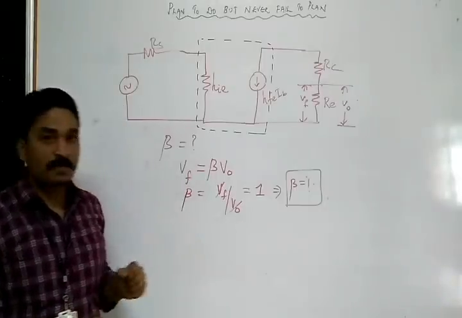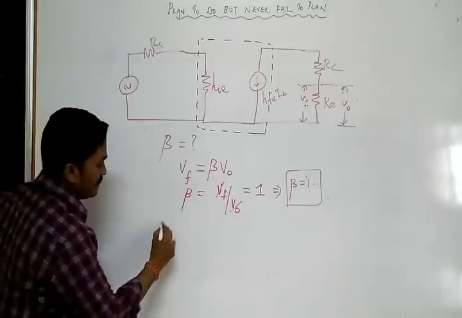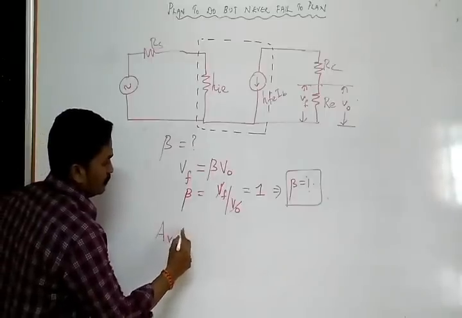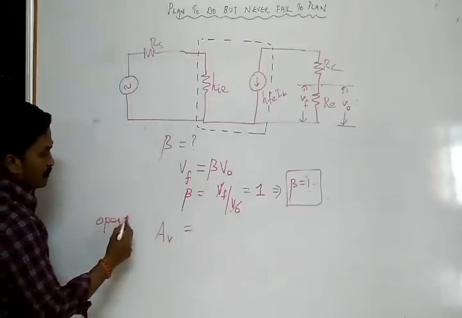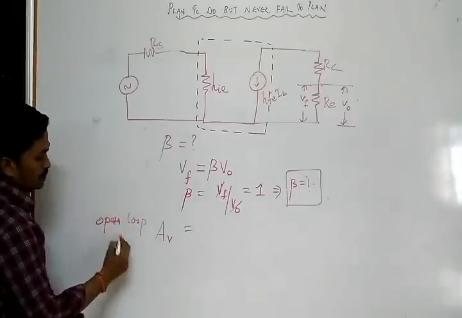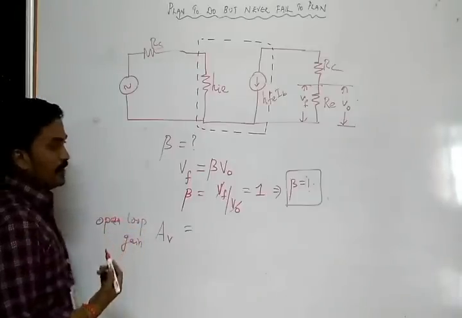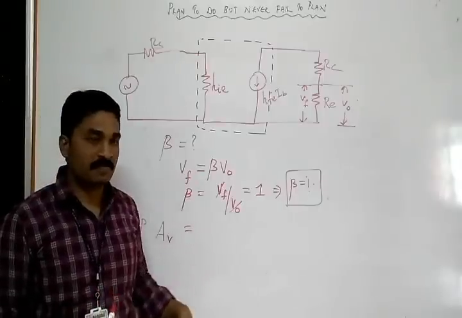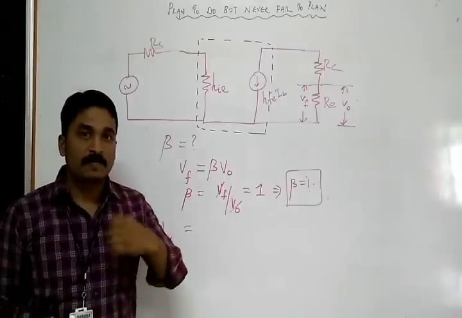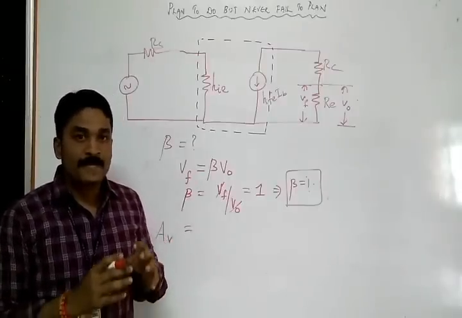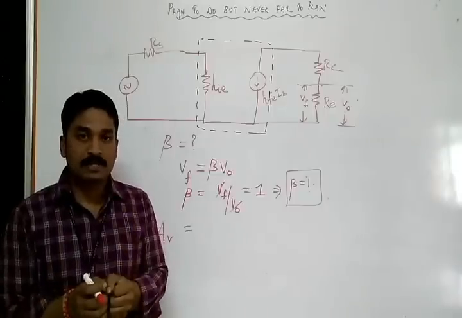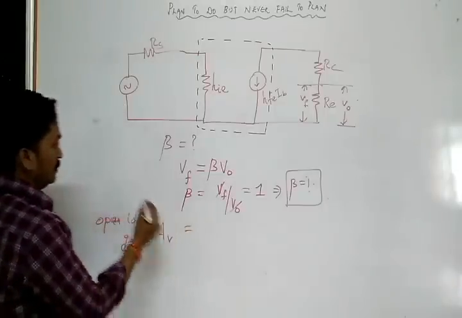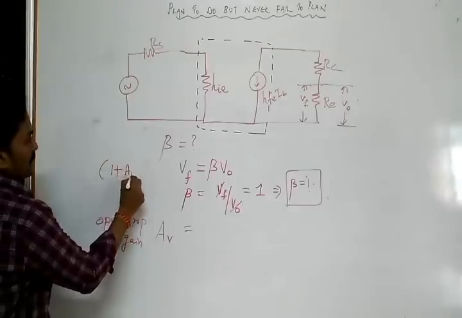So after finding this, we have to find what the AV value is, the voltage gain without feedback, or open loop gain. See, why do we need to find beta and AV at first? The reason is, we have already discussed many times that in a negative feedback amplifier, whatever value reduces, it is only because of the factor 1 plus AV beta.